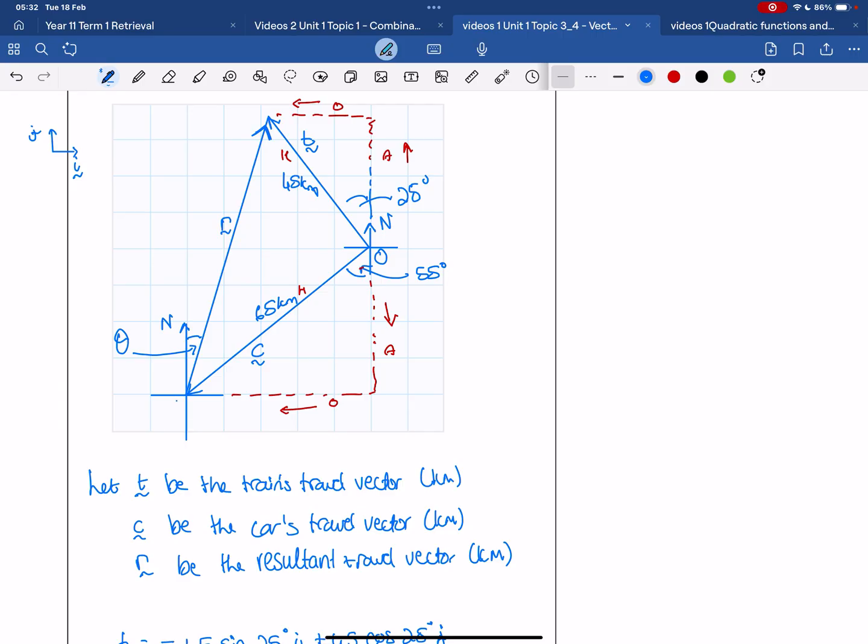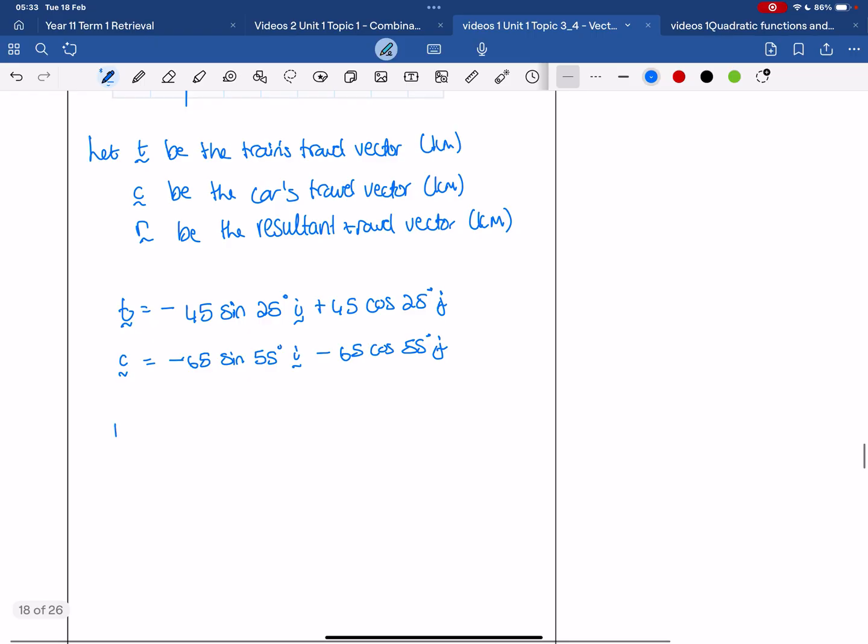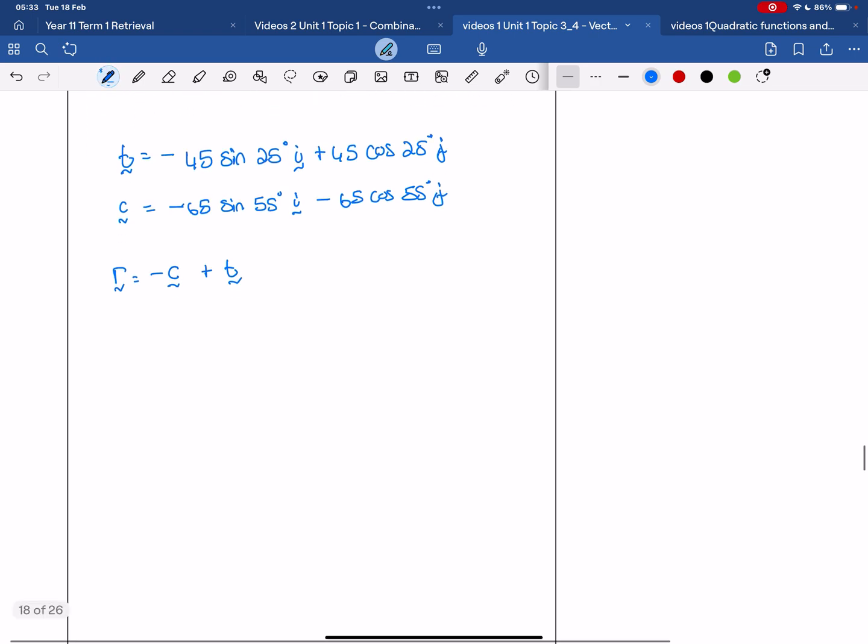So in order to get from the tail over here to the head over there, I need to go negative C plus T, to get my R. So R is going to be negative C plus T, and because it's all in component form, I can add them and then collect my I components, collect my J components, and sum them.